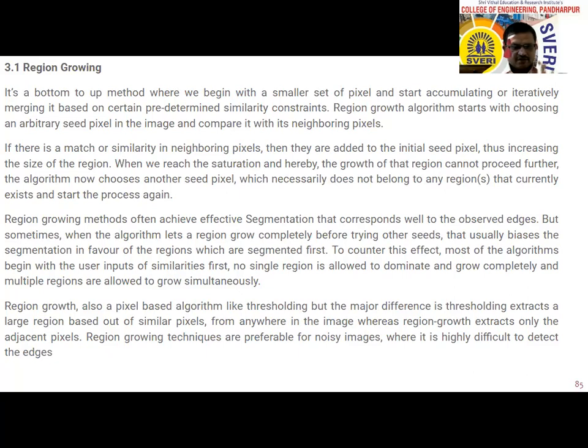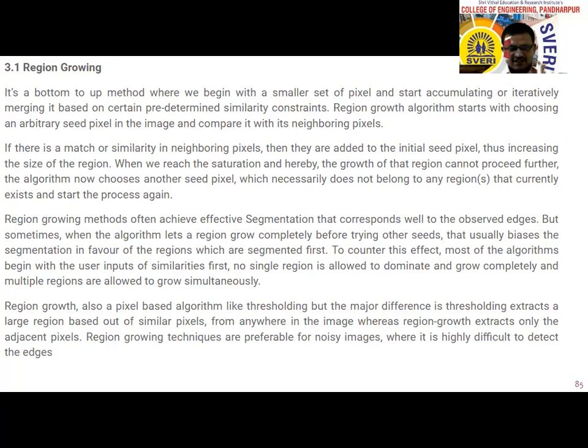Region growing methods often achieve effective segmentation that corresponds well to the observed edges. But sometimes when the algorithm lets a region grow completely before trying other seeds, that usually biases the segmentation in favor of the regions which are segmented first. To counter this effect, most of the algorithms begin with the user inputs of similarities first.